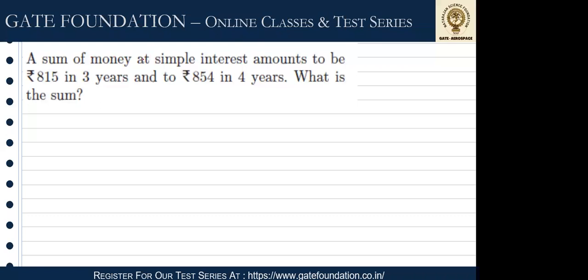So a sum of money, principal is not given, at simple interest amounts to this and this in 3 years and 4 years. Rate of interest भी नहीं दिया हुआ है, principal भी नहीं दिया हुआ है, right? And you're supposed to find out the sum.